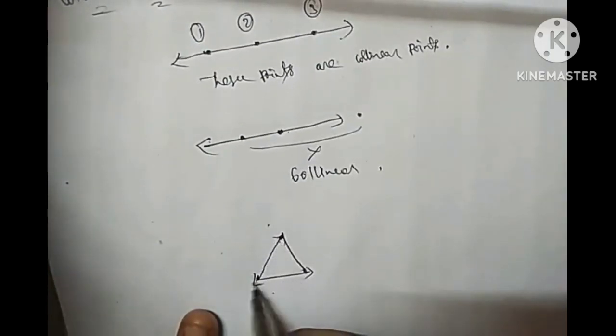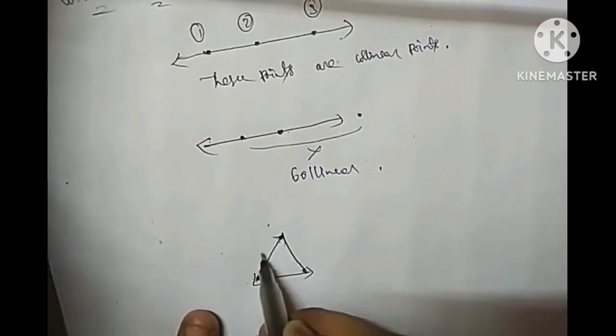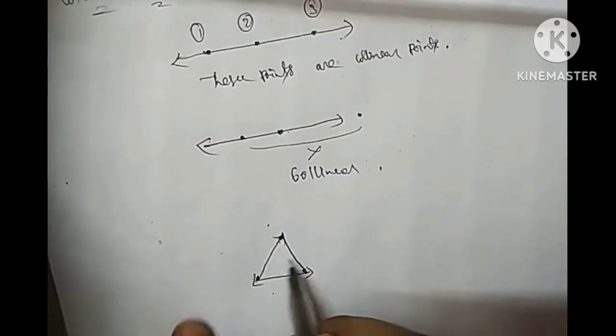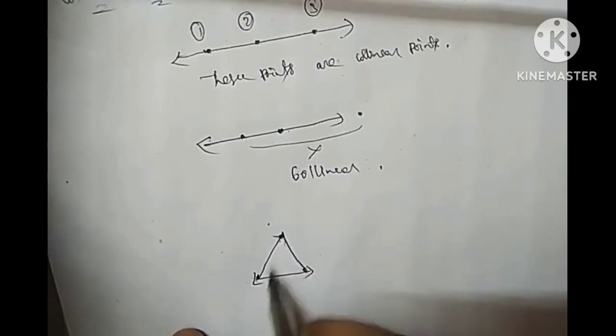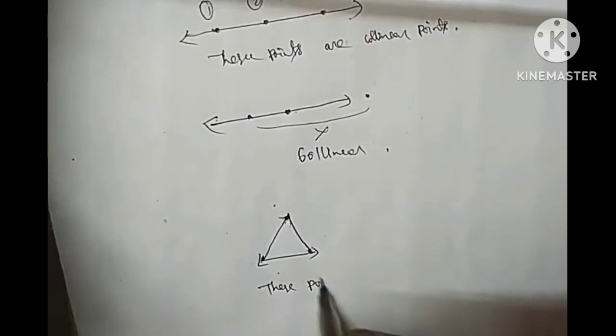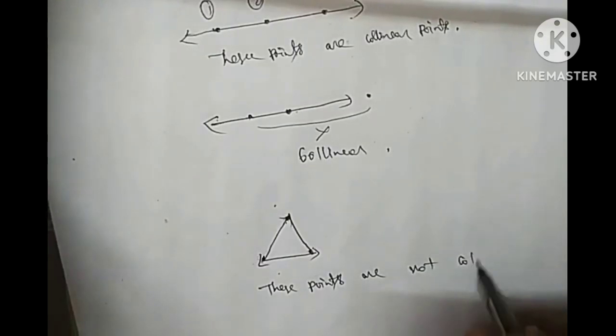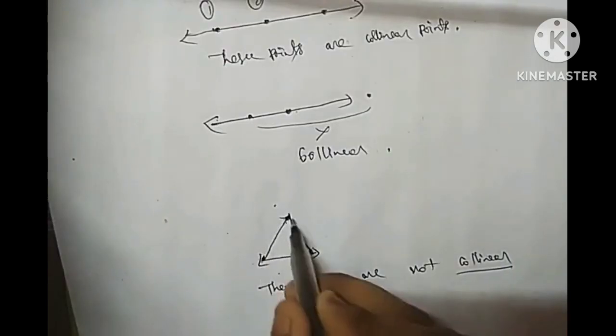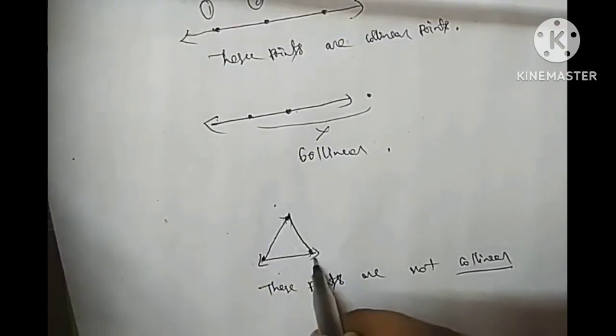But if I say all three are collinear points, no, they are not lying on the same line. That's why these three points are not collinear, because these three are not lying on the same line.